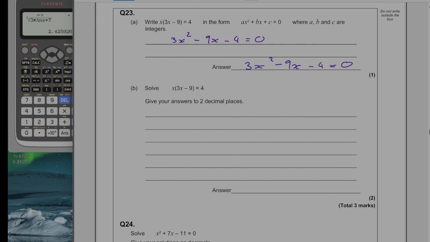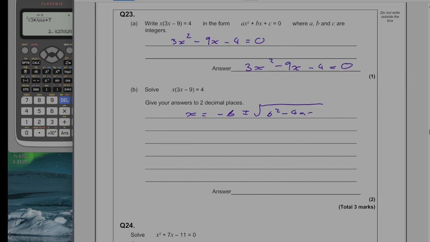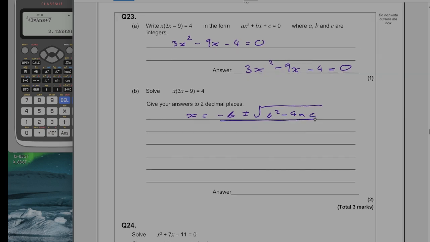So I'm looking at substituting into x is equal to minus b plus or minus the square root of b squared minus 4ac, all divided by 2a. Right, so minus b would become 9 plus or minus the square root of 9 squared is 81 minus 4 lots of 3 times minus 4, all divided by 2 lots of 3, all divided by 6.